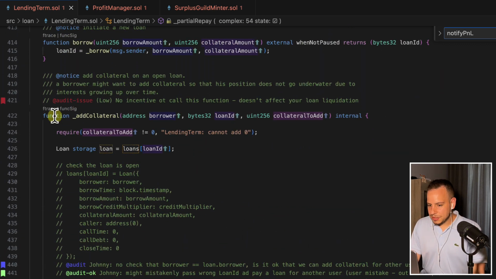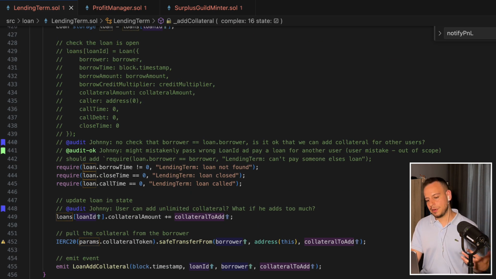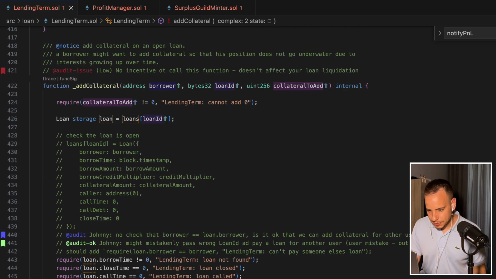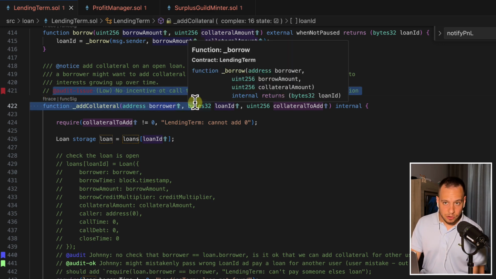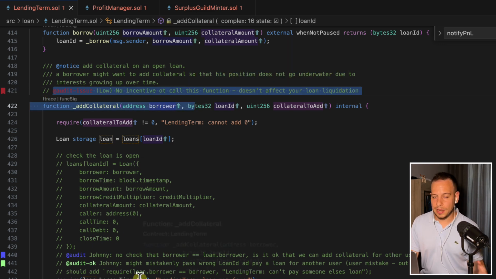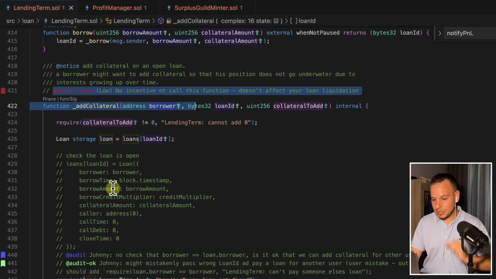Oh, and this is also a good time to talk about this add collateral, which I reported as a low issue. You can call this function add collateral, which basically adds collateral to your position, but there is no incentive to call this function because if you remember, the only criteria if you are getting liquidated is if either the partial repayment time passed and you didn't repay partially of your loan, or the lending term got deprecated.